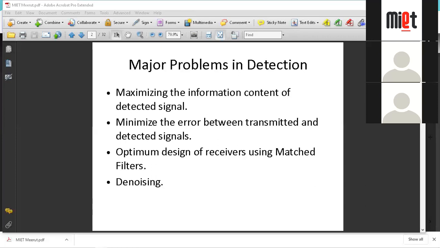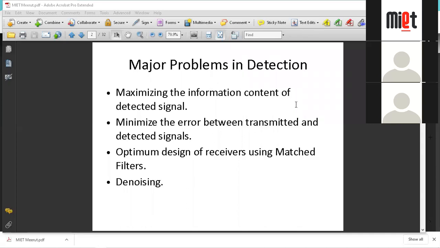And we know that Shannon has explained that the probability of error depends upon the probability of miss and the probability of false detection. Which of these is more harmful for the communication system depends on the application, right? So this is the second question.